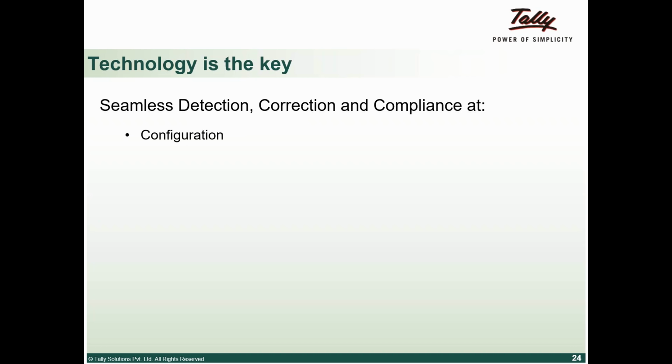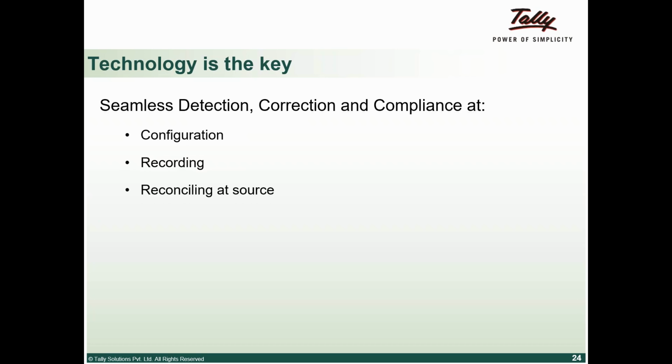When I'm configuring my system, can I have a facility which seamlessly detects, corrects, and ensures that I am compliant as per the GST law? While recording my transaction, can the system assist me in detecting, correcting, and compliance, right?